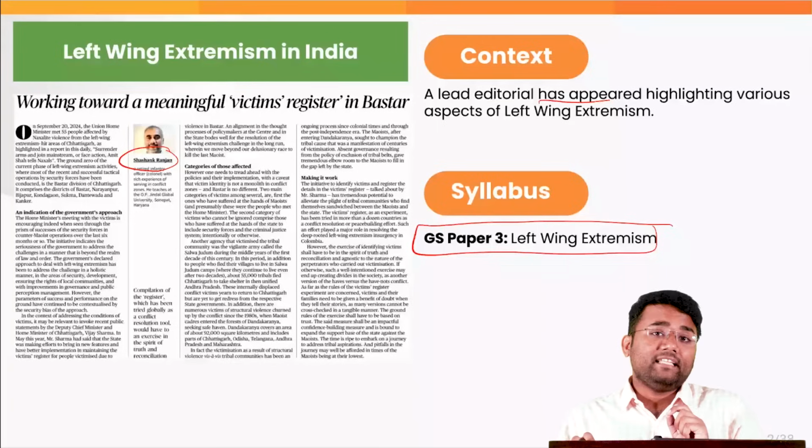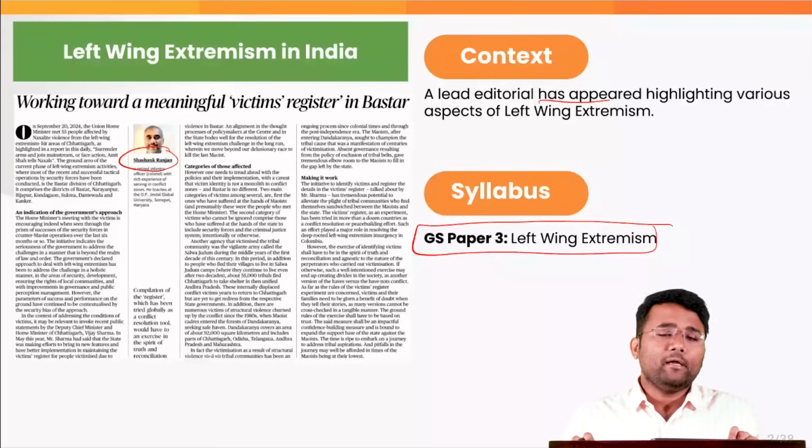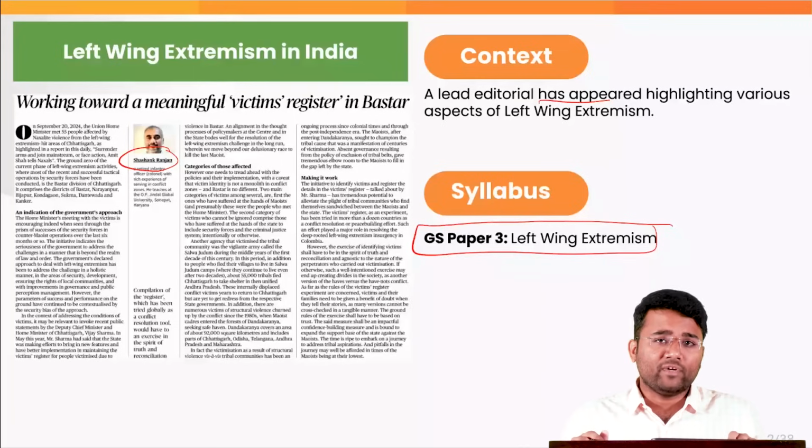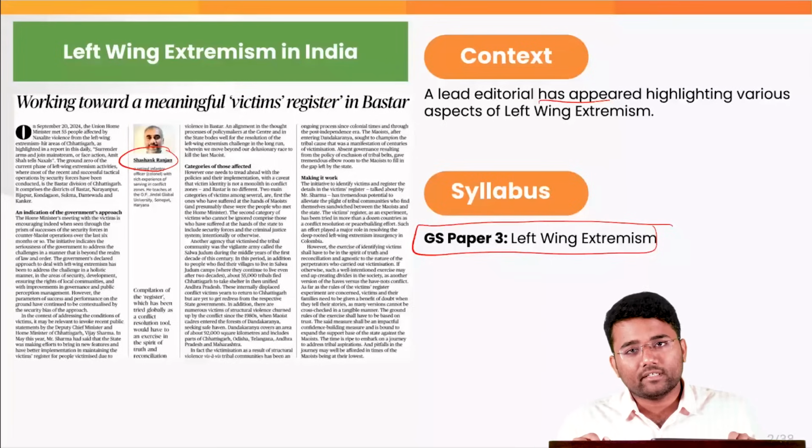The writer says that it is not necessary that only the person who has faced the guns of the Naxalites can be categorized as victims, but the people who have been affected by some of the acts of state forces, whether intentional or unintentional, should also be categorized as victims, and they should also be provided proper support from the government.